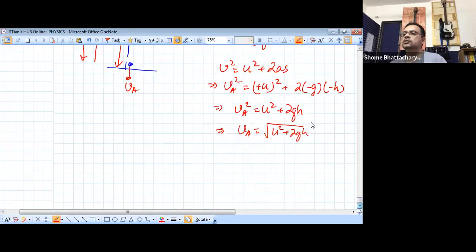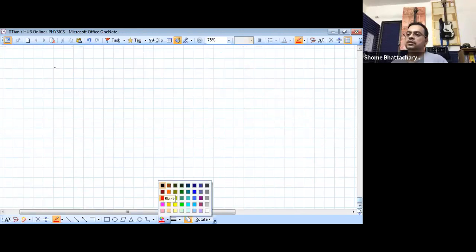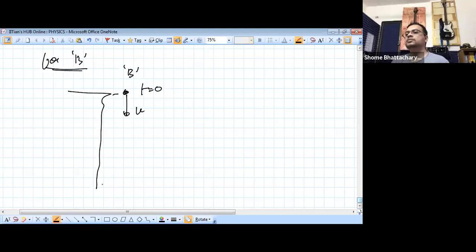Now let us compare this with the same process done for B. For B, at t equal to 0, you are throwing it down with the speed of u. It's coming to the same height h and hitting the floor at some speed VB, with the same acceleration due to gravity acting on it.